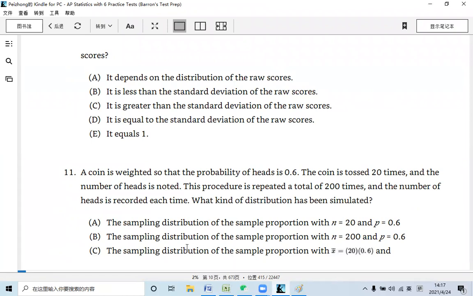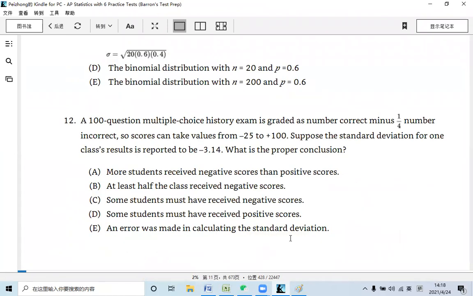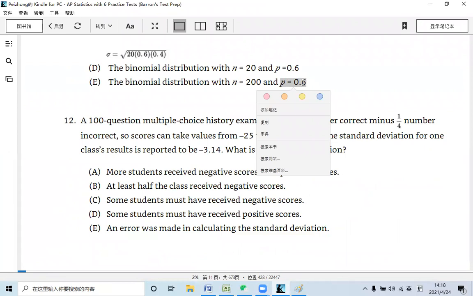Sampling distribution is a sampling distribution, sample proportions. No, it's not proportion, it's a binomial. It's basically the n. The n is 200, and the p-value is 0.06. 60% had.